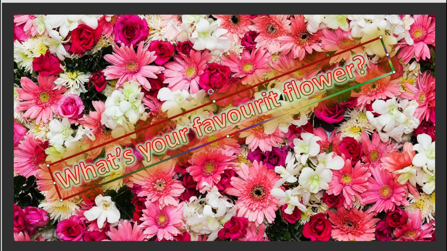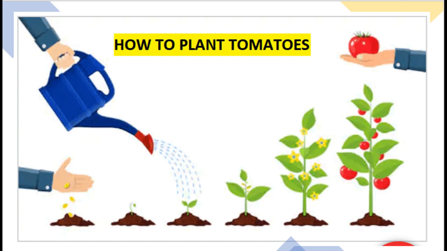The first thing we are going to look at is how to plant tomatoes. We have here in this photo the process to grow a tomato, step by step. First we can see a hand, right? What is this hand doing? It threw some seeds inside the soil.